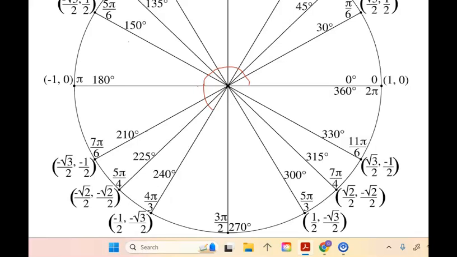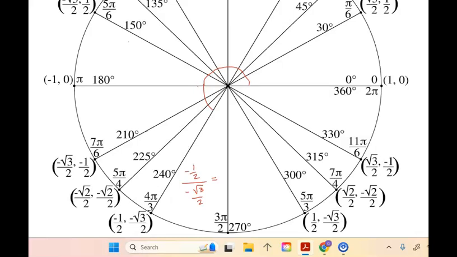Well, remember cotangent is the x coordinate divided by the y coordinate. Well, we know it's a negative divided by a negative, so our final answer is going to be a positive. And don't let these complex fractions throw you off.